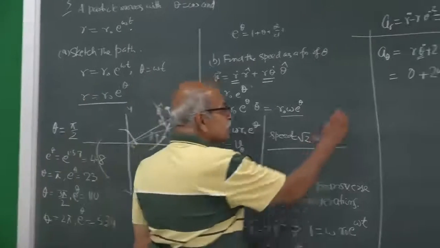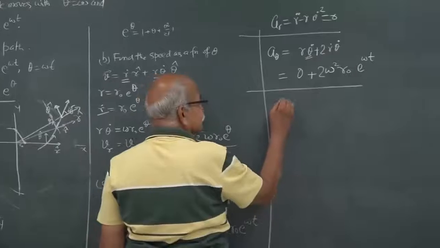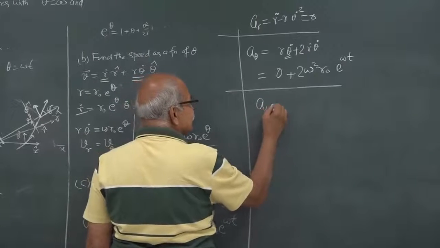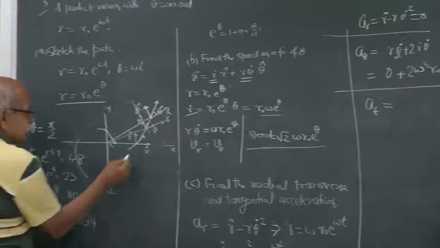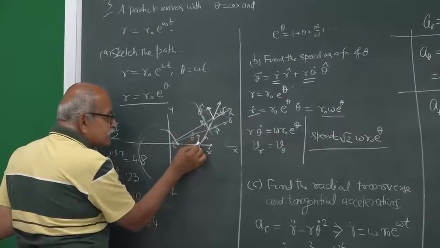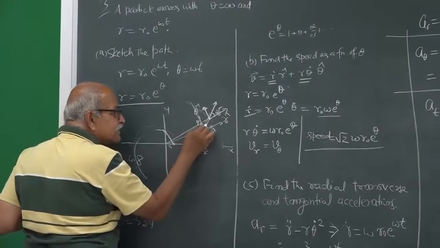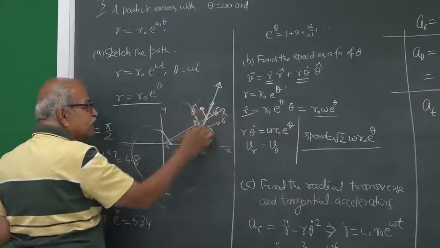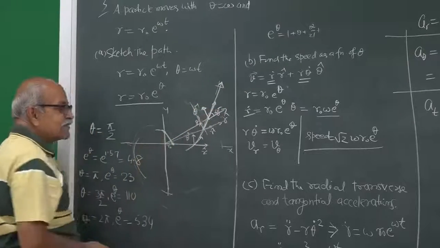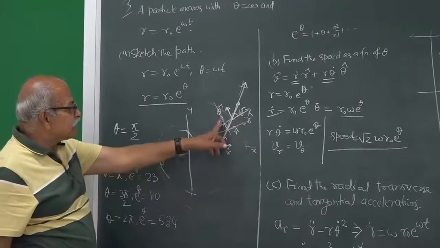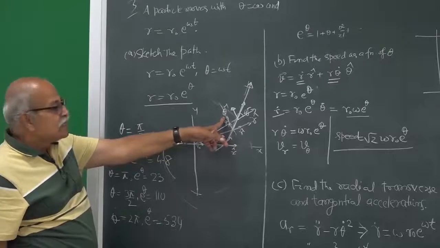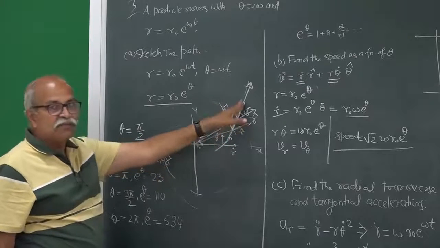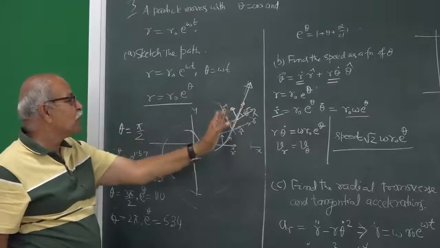And tangential acceleration, AT, you can write. What is that? Acceleration along this tangent. If this is the path, then this is the tangential direction, and in that direction, what is the acceleration? In theta cap direction you have the full acceleration. If you need a tangential component, you just multiply by cos of that angle.